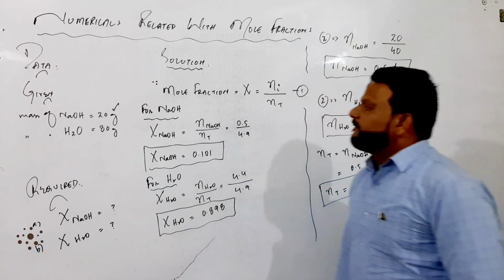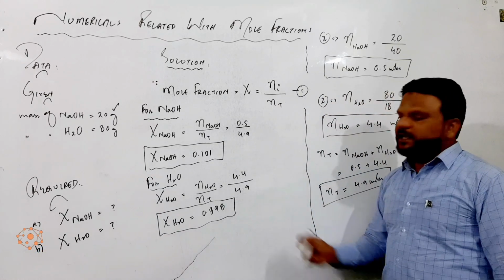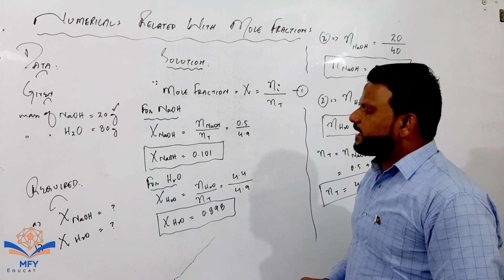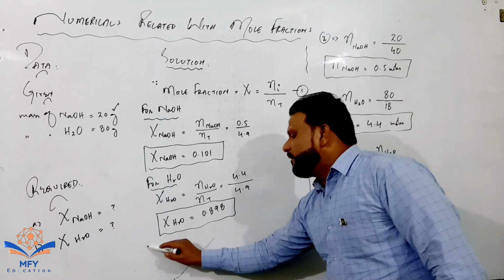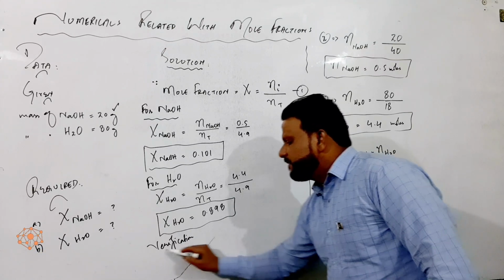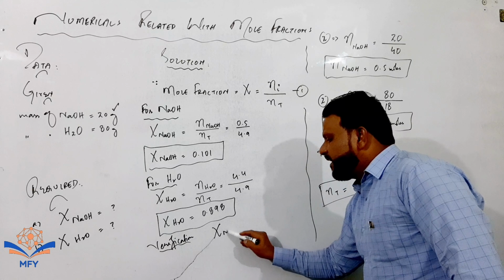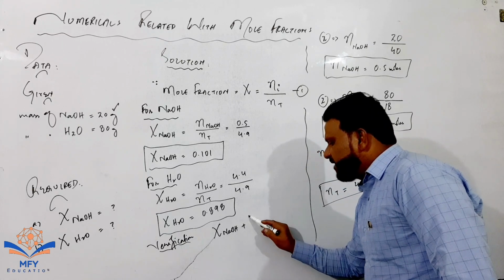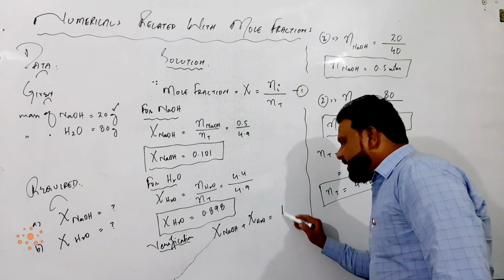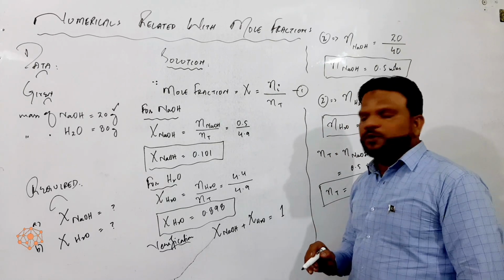We can verify this numerical by addition of mole fractions of all the components present in a solution. Now for verification, mole fraction of NaOH and mole fraction of water, the summation must be nearly equal to or equal to 1.